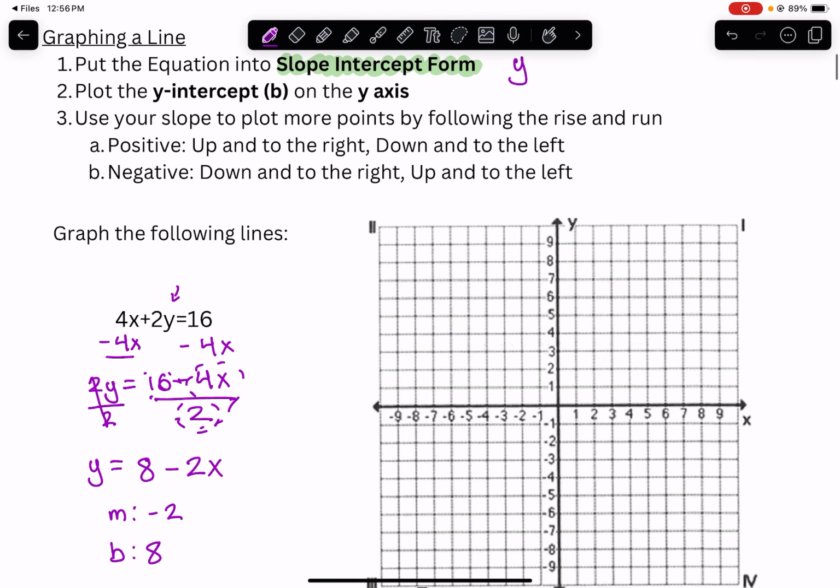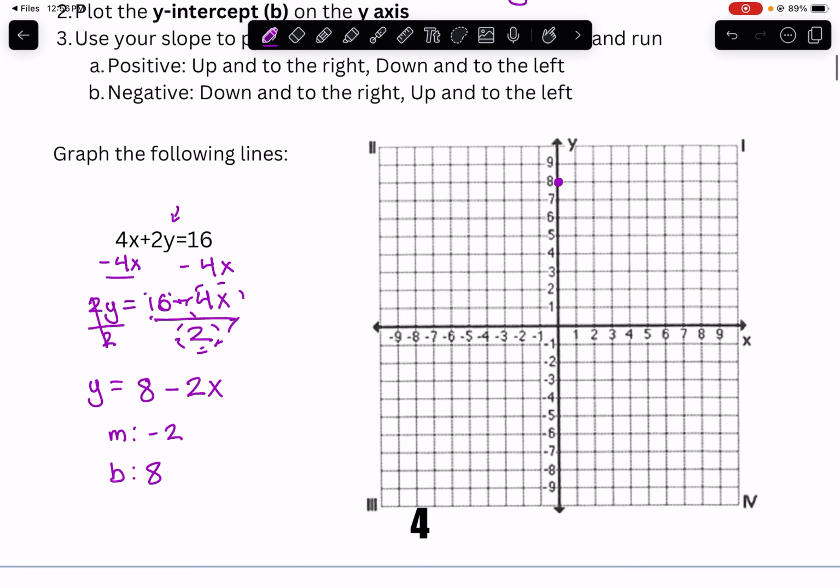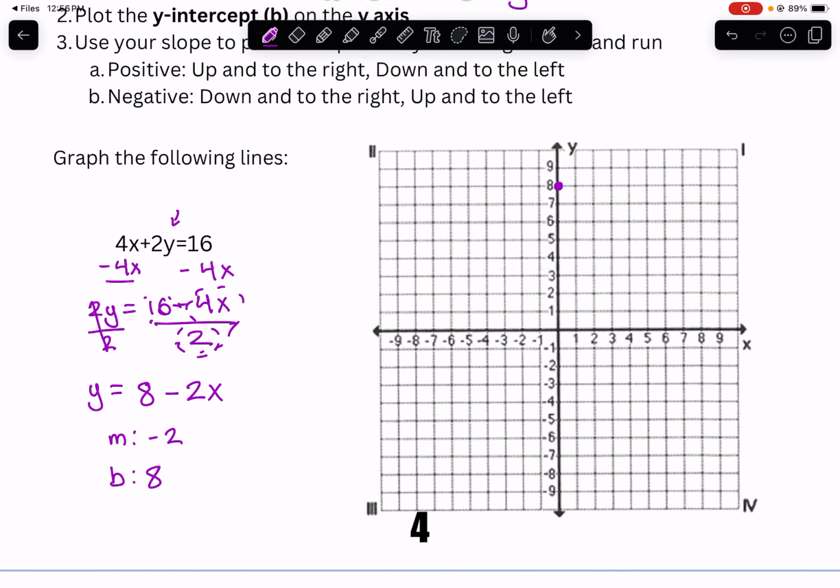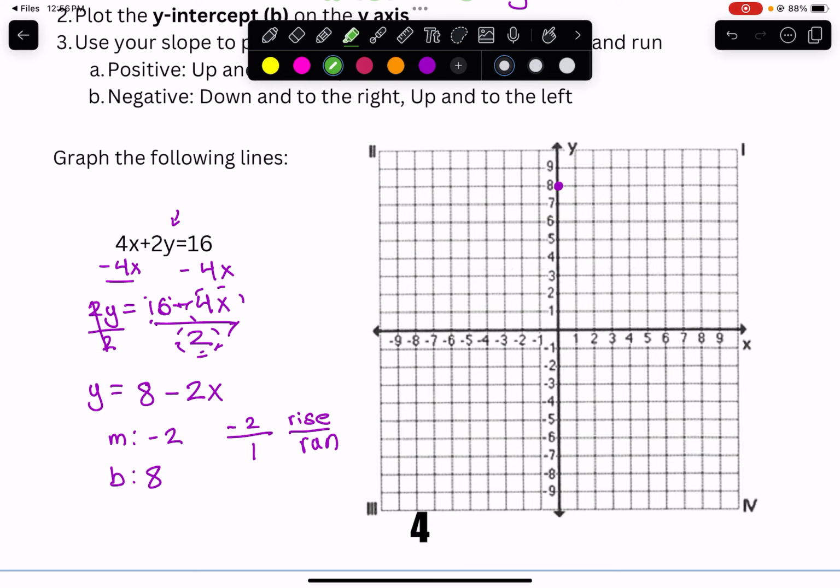So I plot my y-intercept on the y-axis, and now I use my slope to create another point. My slope is negative 2, so that says my rise and my run. This tells me I'm going to go down 2 boxes and over 1 to plot my next point in this line.